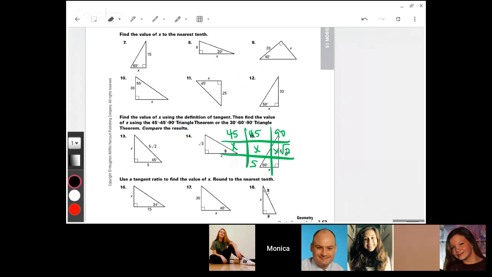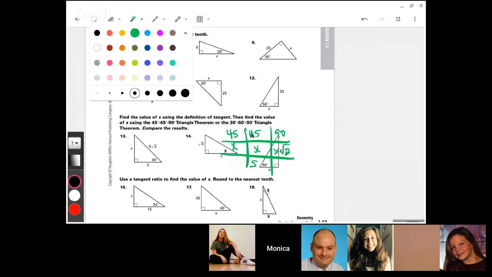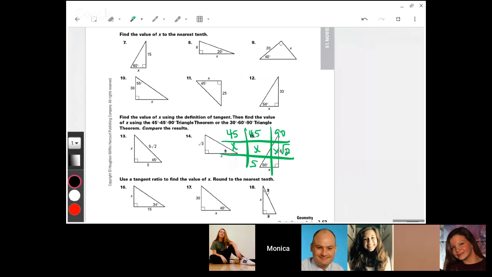Oh no, I erased all my white. Okay, so if we look at the sides of the triangle, we know that one of them is 5, right? And on 45, 45, 90 on our tic-tac-toe, our ratios are x, x, and x square root of 2.